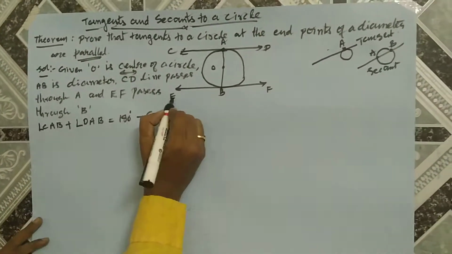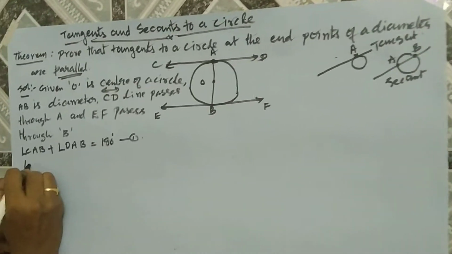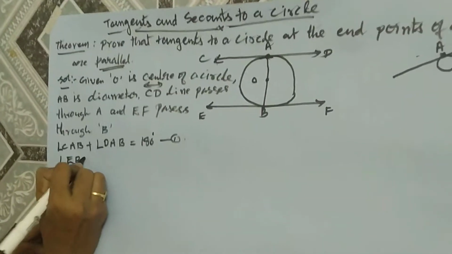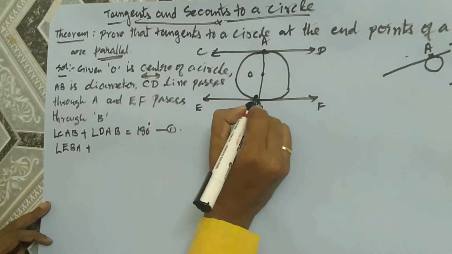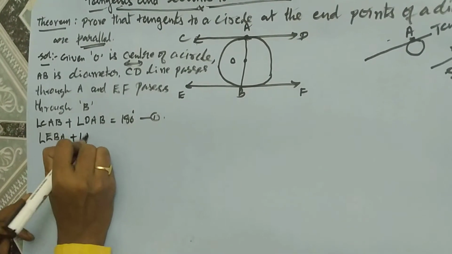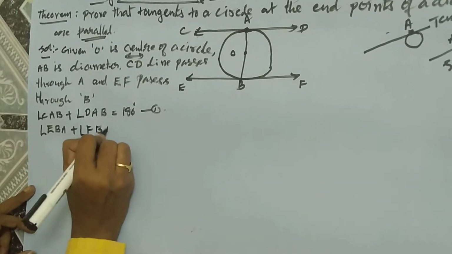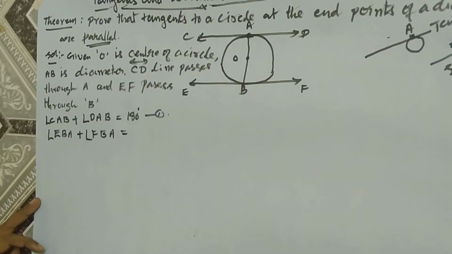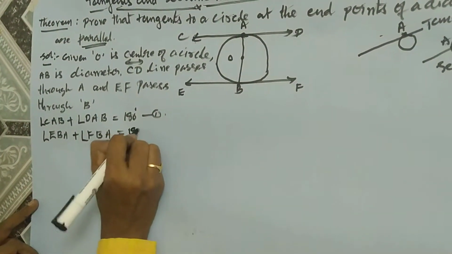This is equation 1. When we come from below, angle EBA plus angle FBA is equal to 180 degrees.